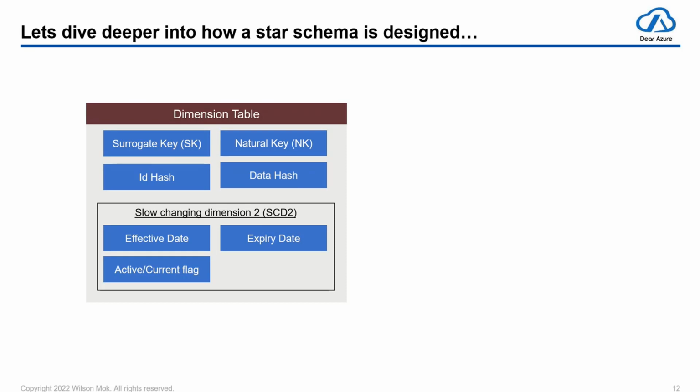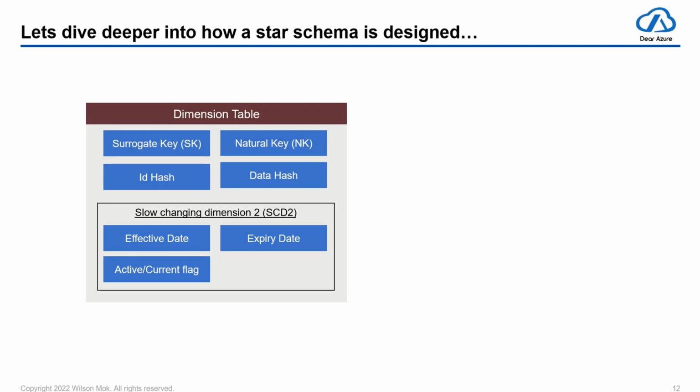There are a total of 7 different slow changing dimension types. Today we're going to focus on the 3 most common types. The first one is slow changing dimension type 0, or SCD 0, and those are the tables that don't change. This is usually used for tables that hold the date value, as well as the dim time. Those are the very classic SCD 0 tables.